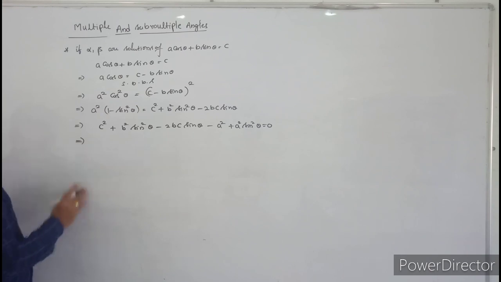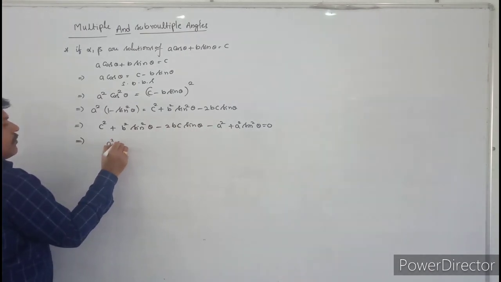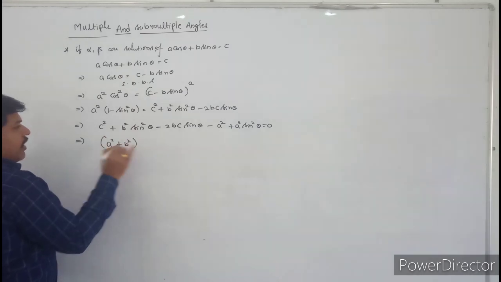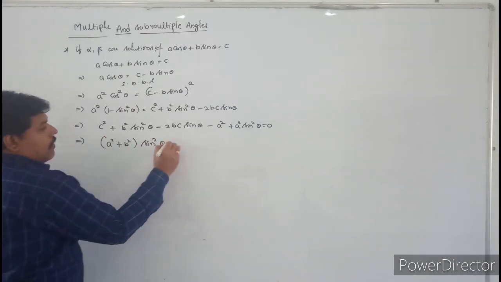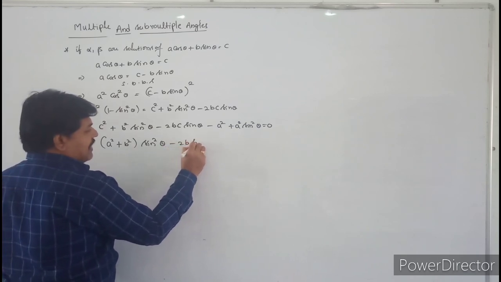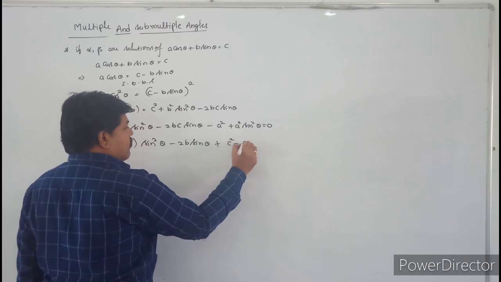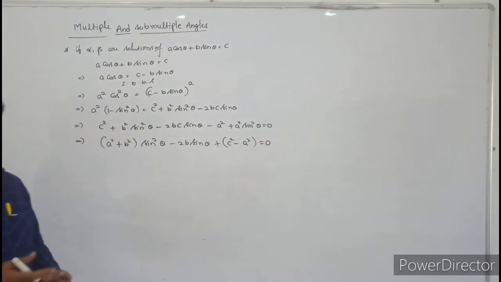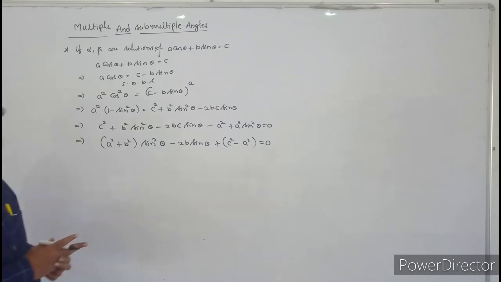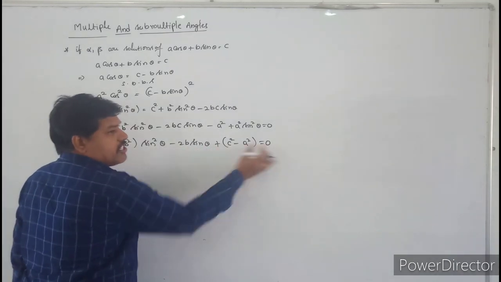So I will take sin square theta common: (a square plus b square) sin square theta minus 2bc sin theta plus (c square minus a square) is equal to 0, which is in the form of ax square plus bx plus c is equal to 0.